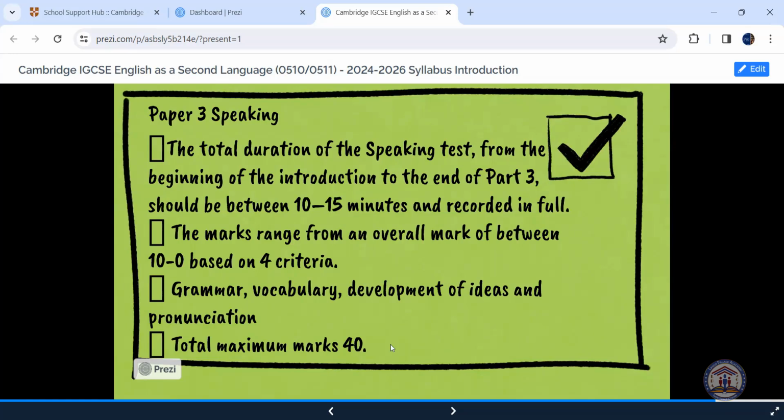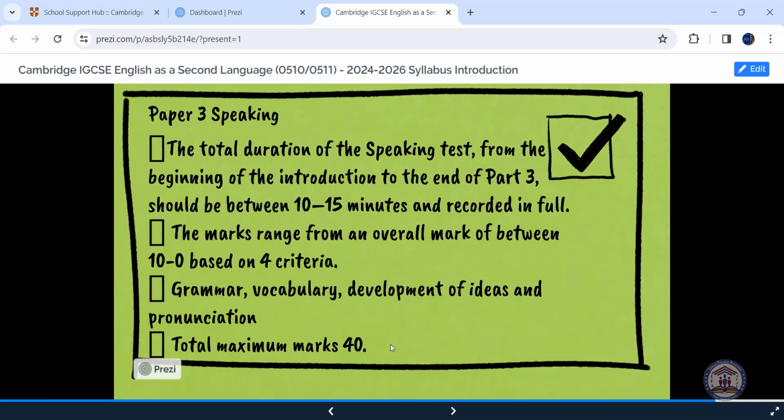The marks range from 0 to 10 overall, based on 4 criteria: grammar, vocabulary, development of ideas, and pronunciation.